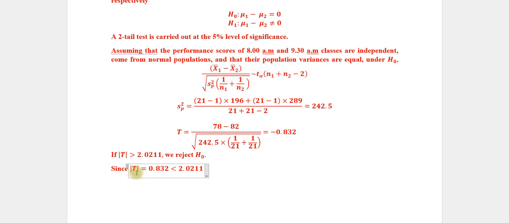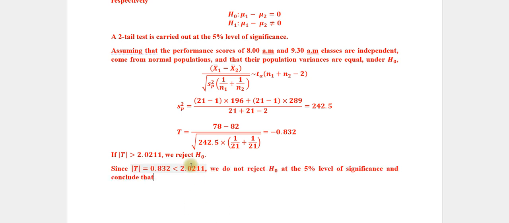So since modulus t is equal to that and less than 2.0211, we do not say accept, as I said. Never use the word accept. We do not reject H naught at the 5% level of significance, and conclude that.